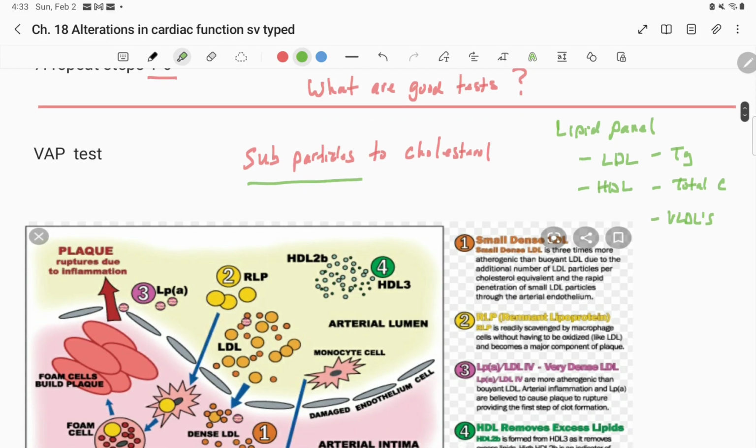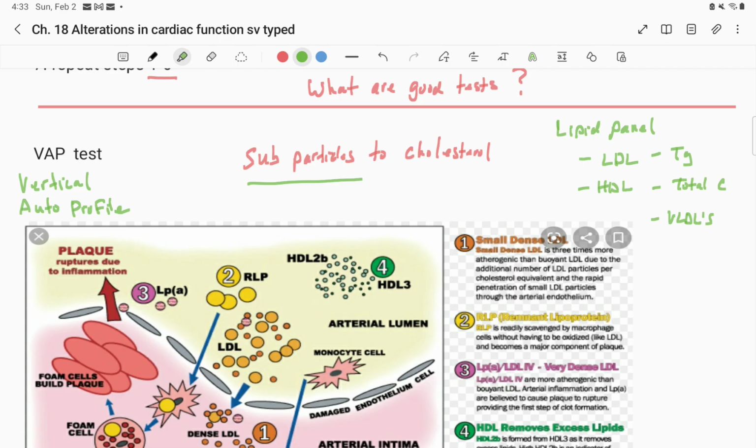Okay, VAP stands for vertical auto profile. And this measures the different lipoprotein particles or cholesterol particles that are inside of us.